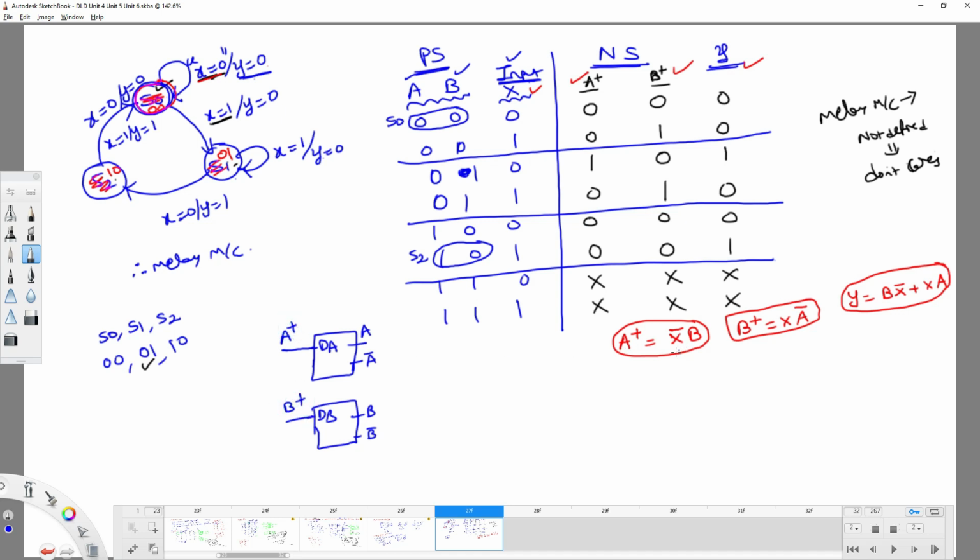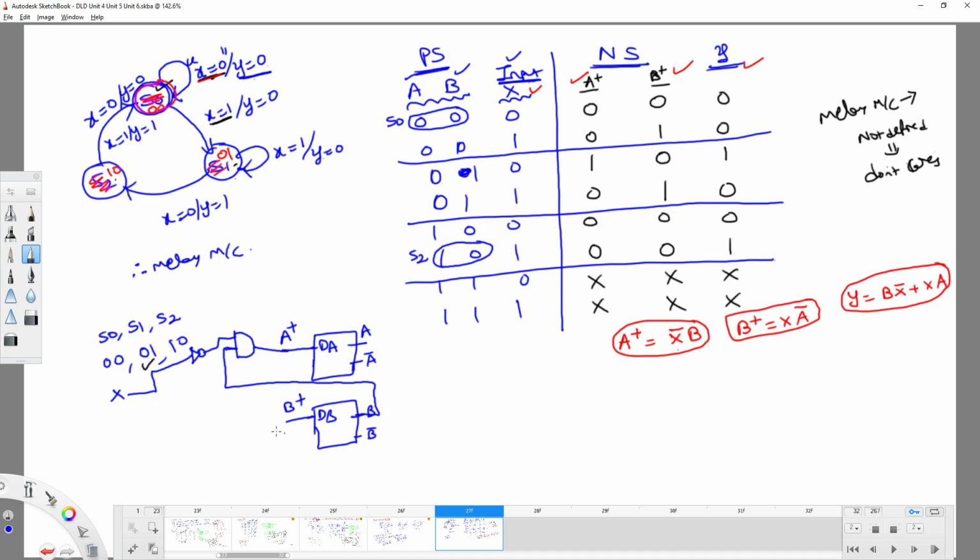What is A plus? A plus is X bar B, right? So let me take the X value from outside, this will be X. I am going to take the complement, X bar. B you have to give the input, right? So B you will get from some other side, guys, you can note down clearly, X bar B, right? This will be given to this particular side.